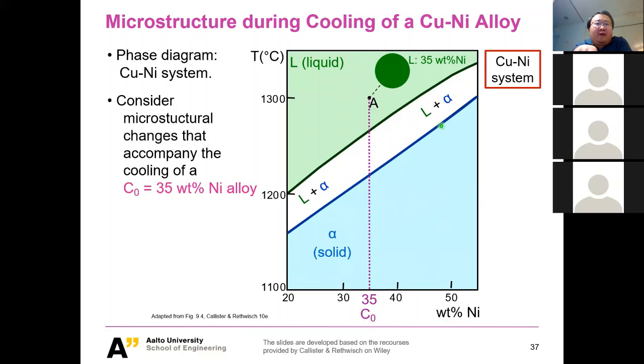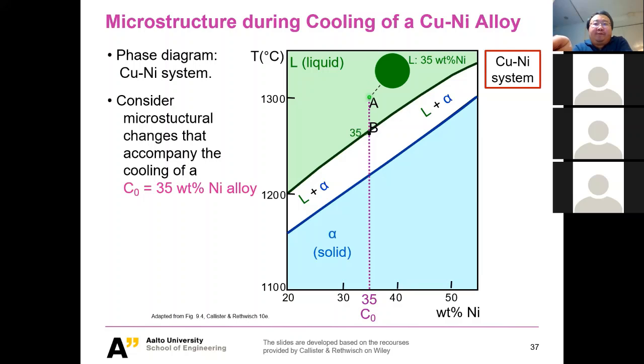We start with a temperature, let's say 1300. At this point, you have a uniform liquid solution of nickel in copper. If you cool it down with a very slow cooling rate, basically you cool a bit, you hold, and you cool a bit and you hold, so you always reach an equilibrium state.